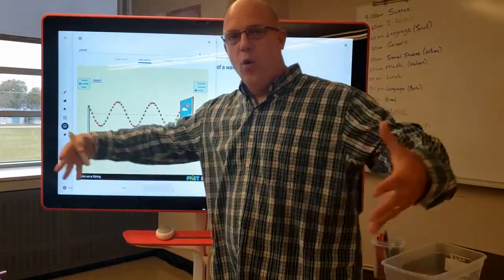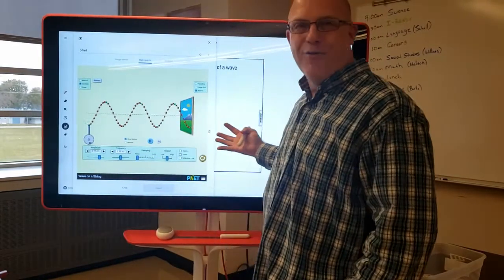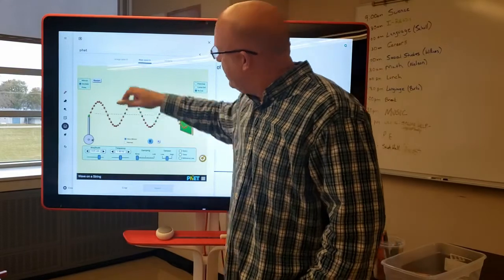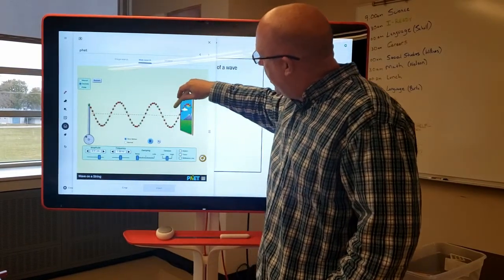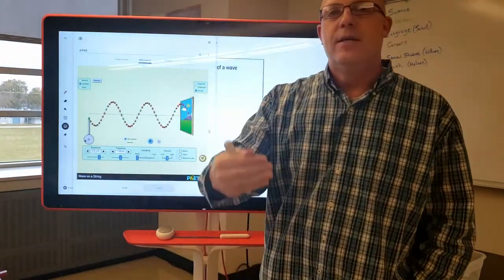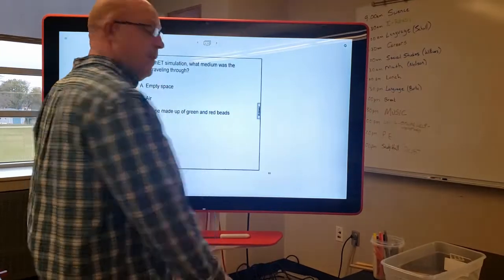It's not rolling out away from that rock. The energy is moving away from that rock. In this case, the energy would be surfing right along this thing, riding the wave out the window, but the wave doesn't move. That's important to know.